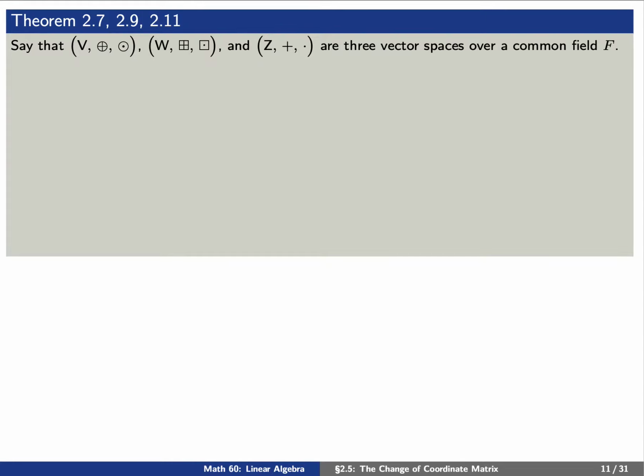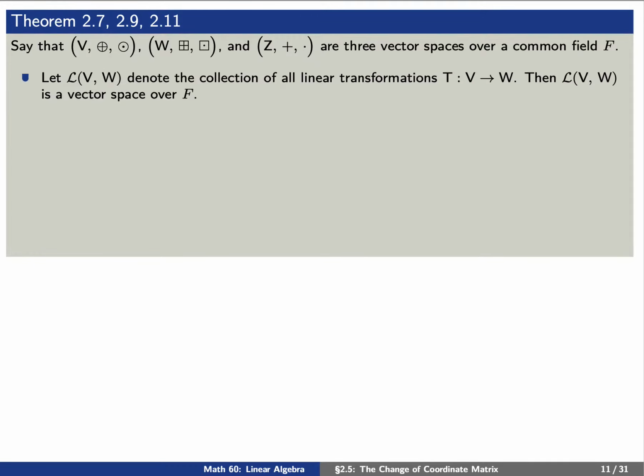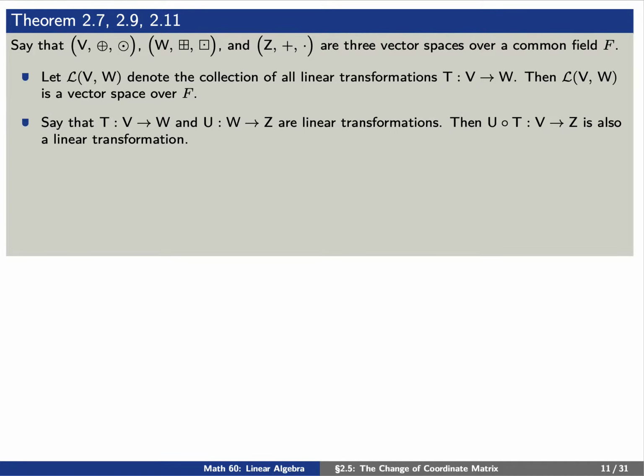Now let's say that we have three vector spaces, V, W, and Z. The collection of all linear transformations T going from V to W forms a vector space. If we have two linear transformations, let's say T going from V to W and U going from W to Z, then the composition U circle T going from V to Z is also a linear transformation.